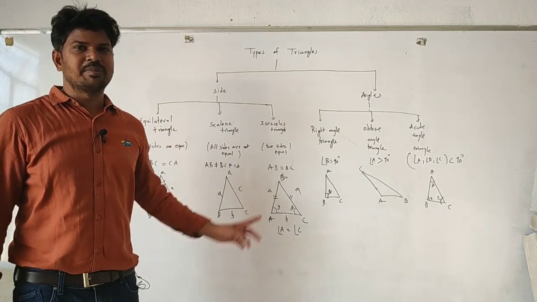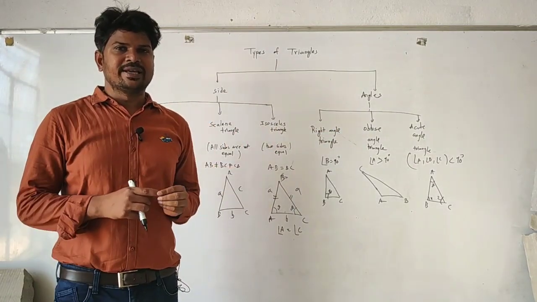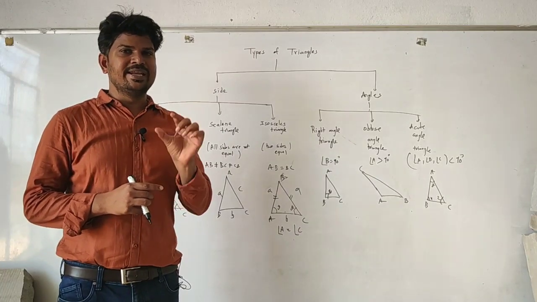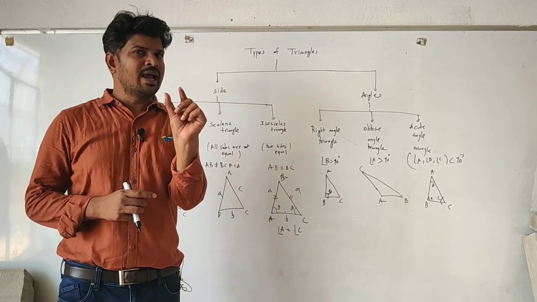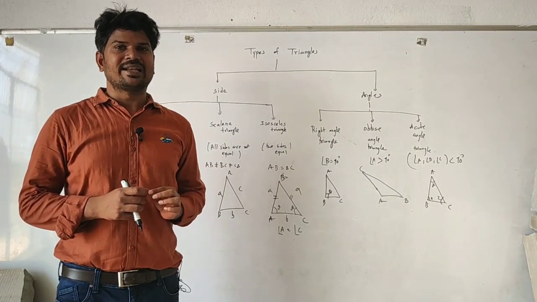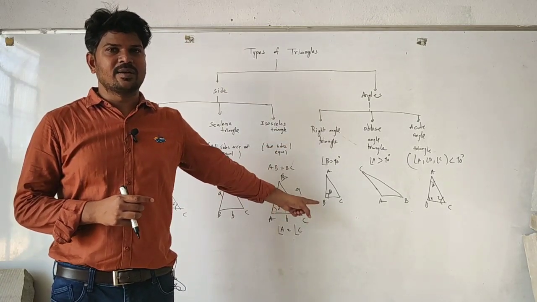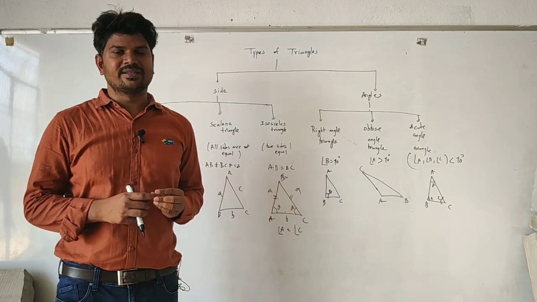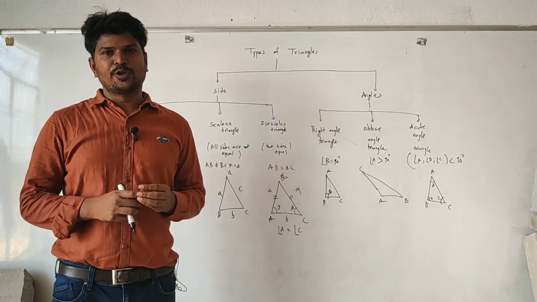This is the classification based on sides. If I classify based on angle, here the classification is based on any one angle. In a triangle, if any one angle is equal to 90 degrees, then we call it a right angle triangle. In this diagram, angle B is making 90 degrees, so we call it a right angle triangle. Next, obtuse angle.